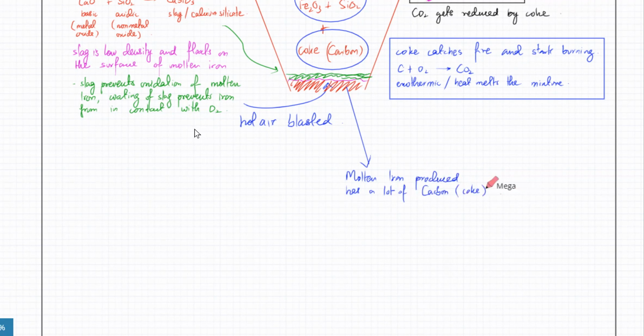And what is formed when iron and carbon are mixed together? If you mix them together, what you basically get is steel. Steel is obtained when iron and carbon are mixed together.